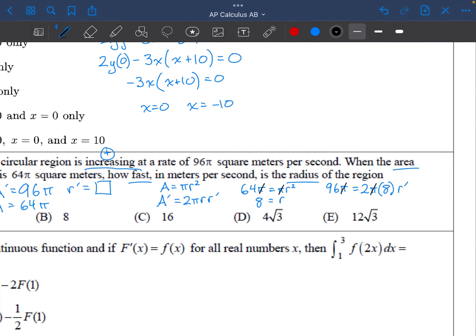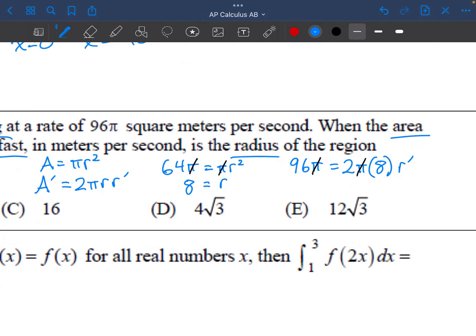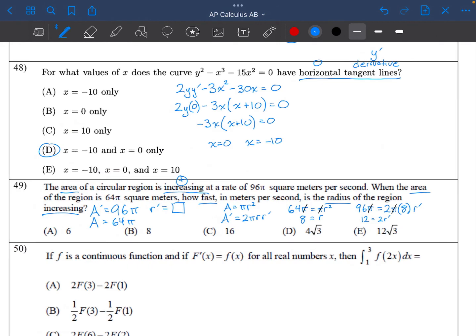Those are gone. I'm going to divide both sides by 8, and I think that's 12. 12 times 8 is 96, right? Yeah. So divide both sides by 8, and I get, I just said 12. Pay attention to yourself, Mr. Snow. So I have now 12 is equal to 2 r prime, and if I divide both sides by 2, I get r prime is equal to 6. So the correct answer here is A, 6.